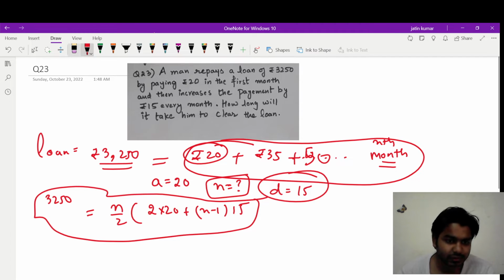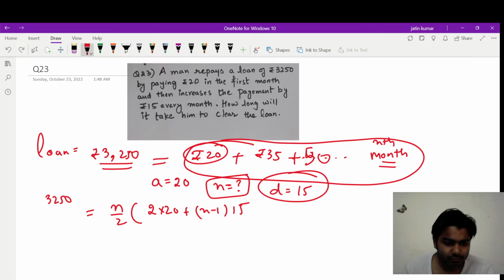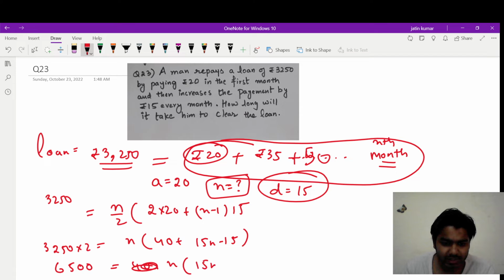Now we will solve it. So 3250 into 2 is equal to n into (40 plus 15n minus 15), so this will be 6500 is equal to n into (15n plus 25), right?